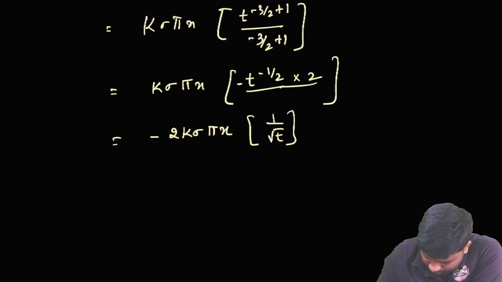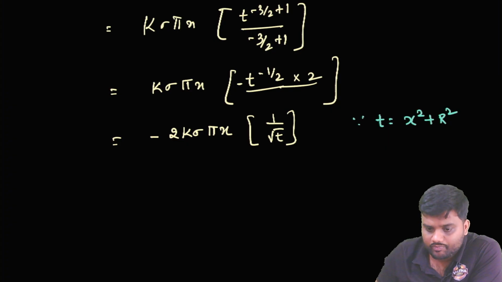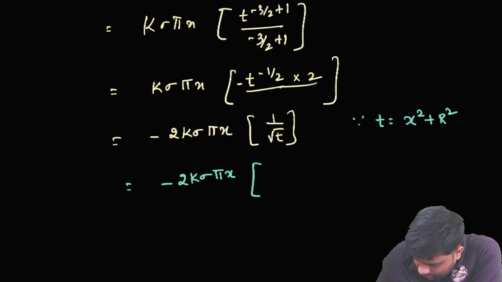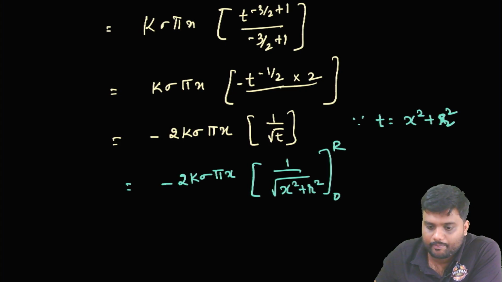Since t is equal to x square plus r square, put it there: minus 2k sigma pi x, 1 upon under root x square plus r square, integrating from 0 to r.